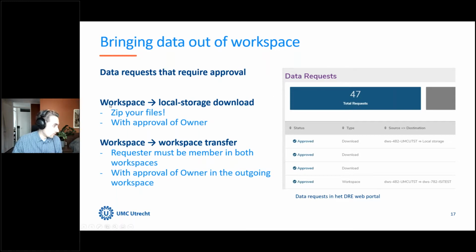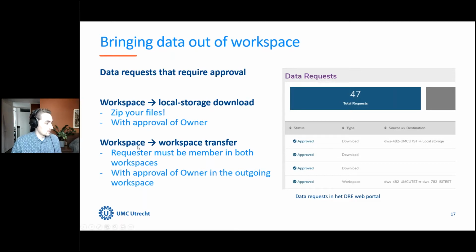I've shown you the workspace to the local storage download. One of the tips here is, if you're downloading multiple files, make a zip, because you can only request a download for files and for zips, but not for folders. So remember that. There's also a second type of transfer, from workspace to workspace.